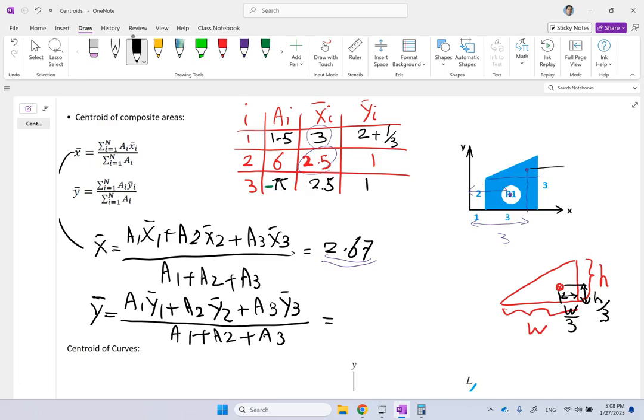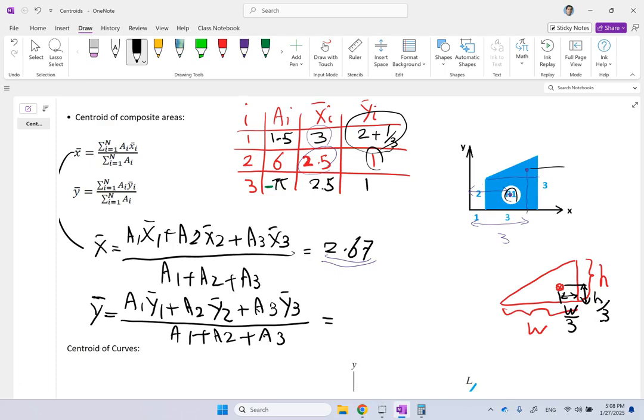And how much is this y? It's 2.33 and this one is 1. So it should be somewhere between these two numbers. If you get something like 2.5 or 0.9, you know you did something wrong somewhere.